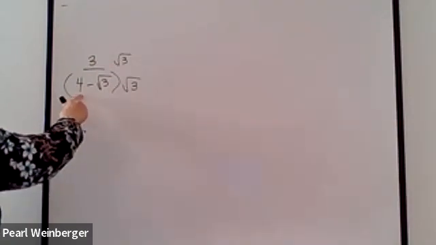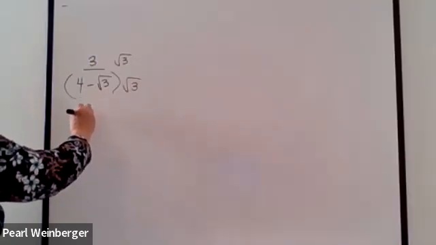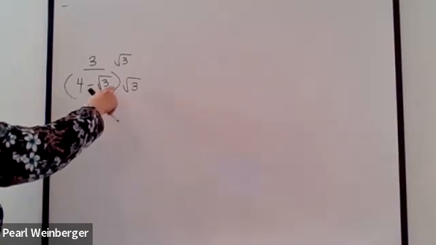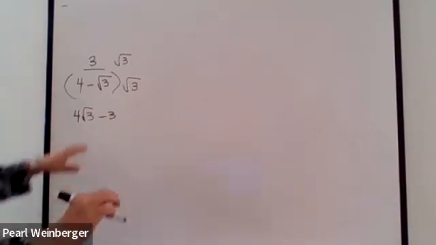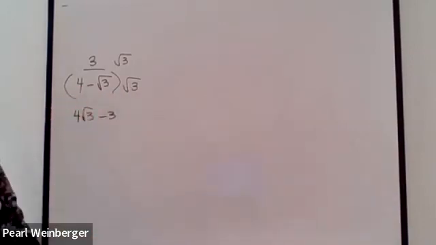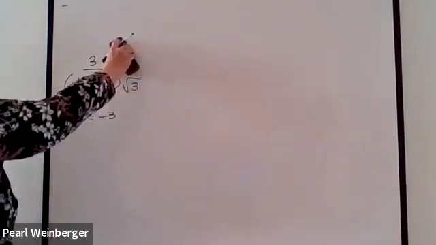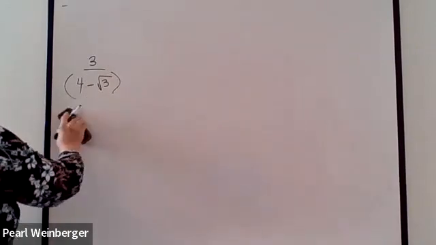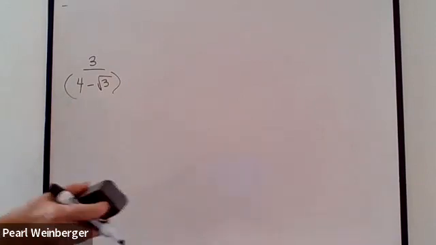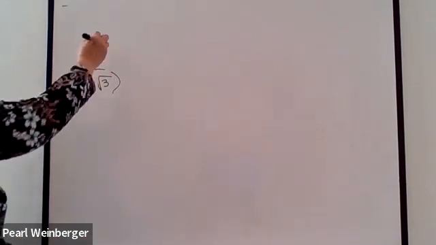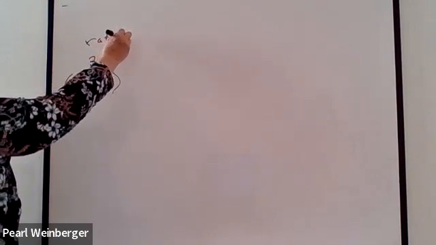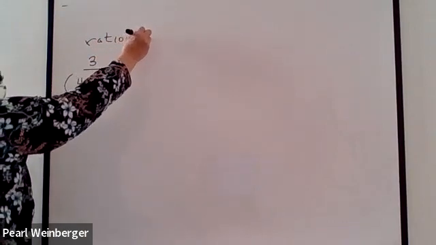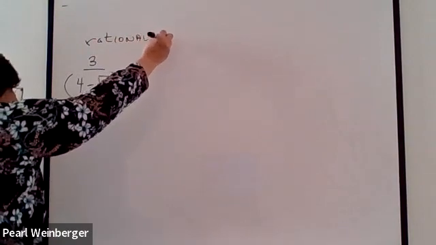In my denominator, I'd end up with 4 radical 3 and negative radical 3 times radical 3, which is just minus 3. And I'd still be left with a radical in the denominator. So multiplying by the radical 3 is the wrong thing to do. But I still have to rationalize this denominator. We have to get rid of that radical.